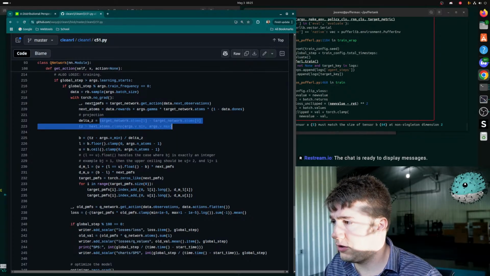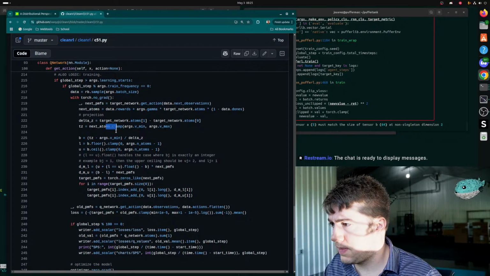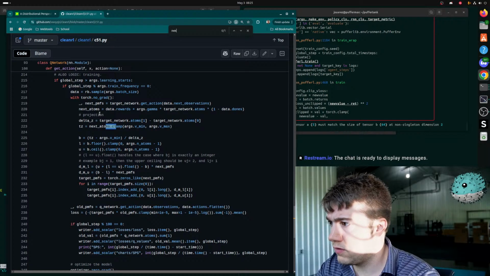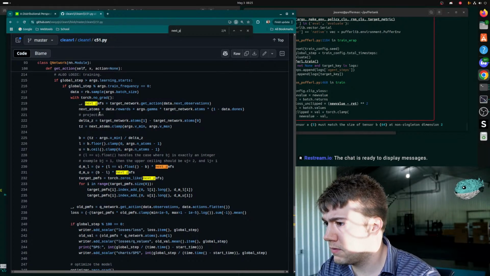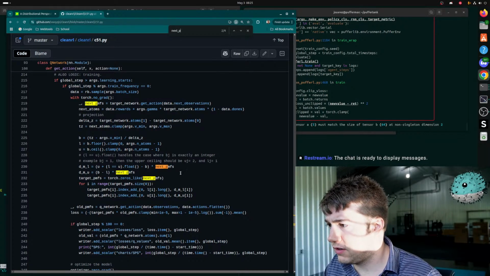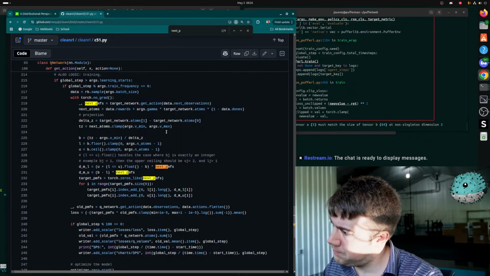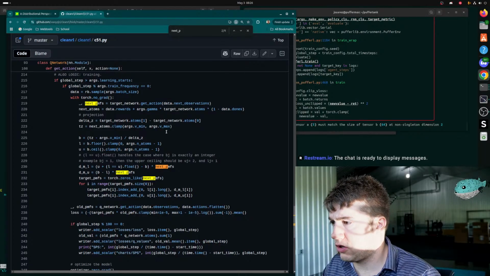This still doesn't depend on this at all. And we don't depend on this at all until here. So all this is building the targets, I guess, right? All of this is just building the targets.